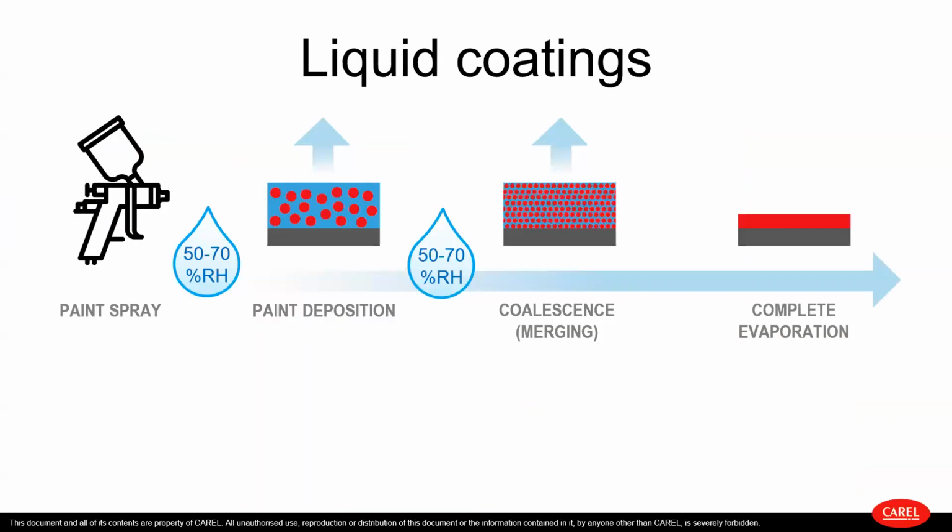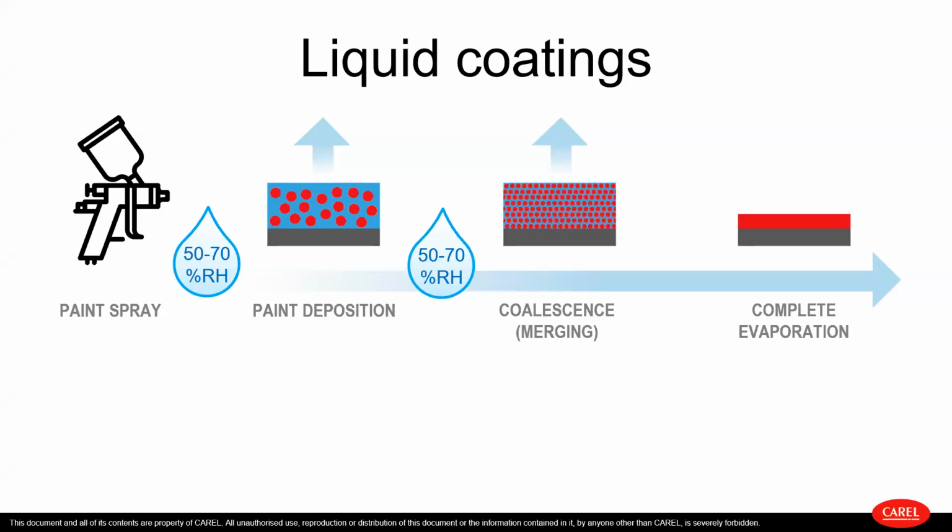If we talk about liquid coatings, for example, solvent-based coatings, water-based coatings, and high solids coatings, all of them are sprayed with a spray gun. Then happens the paint deposition and coalescence, which means the evaporation of the solvent decreases the liquid content and the pigments stay on the surface.